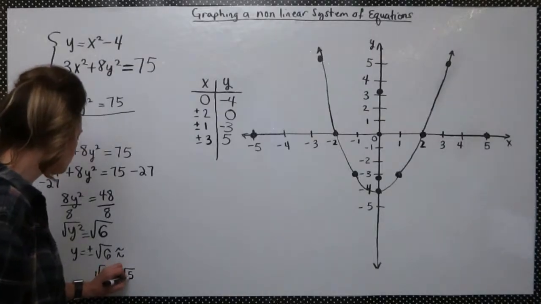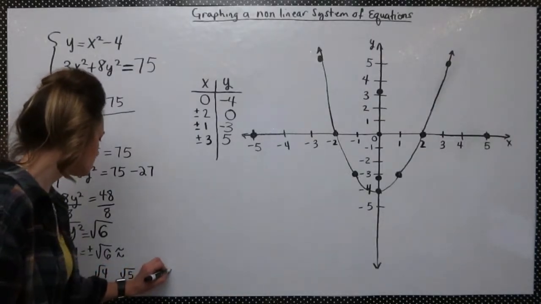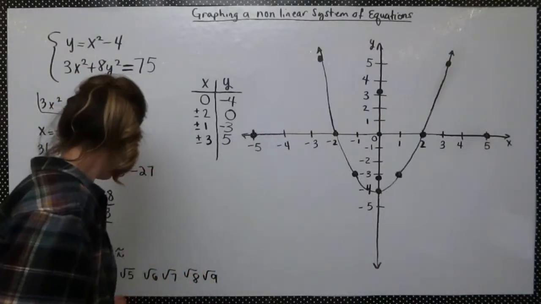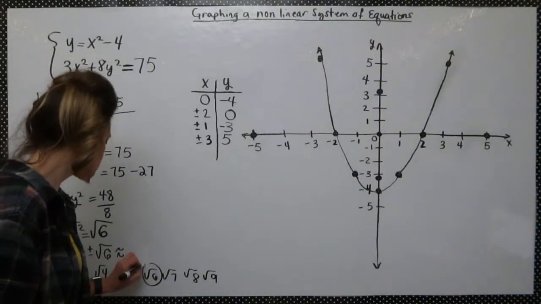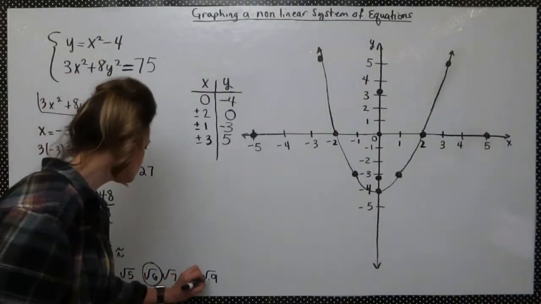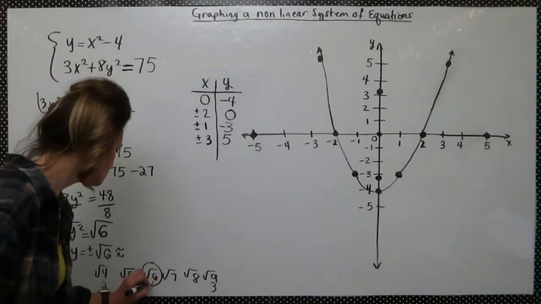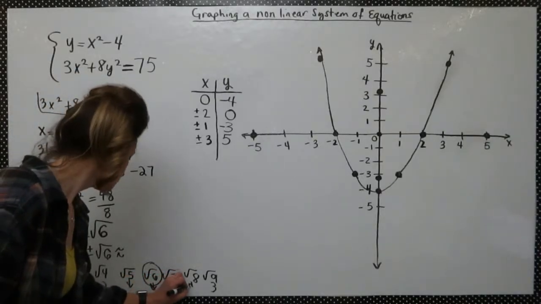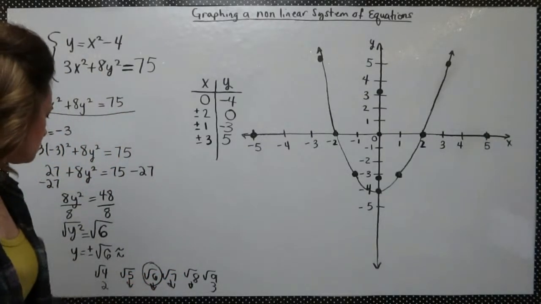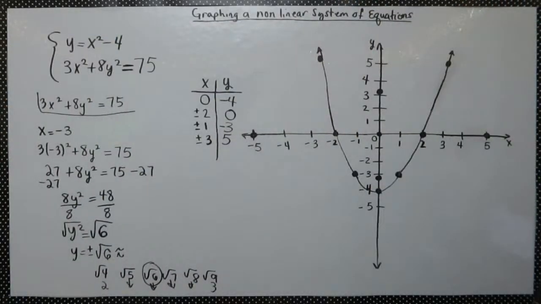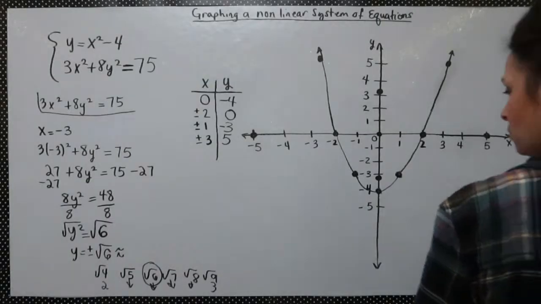So radical 5, radical 6, radical 7, radical 8, and radical 9. We've got perfect roots, and 6 is nested between 2 and 3. So all of these other roots must be between 2 and 3. Six is right in the middle, so it's probably about 2.5. That's how you would estimate the root if you didn't have a calculator, and the calculator says it's 2.449.